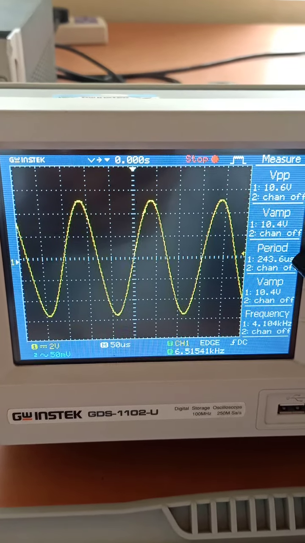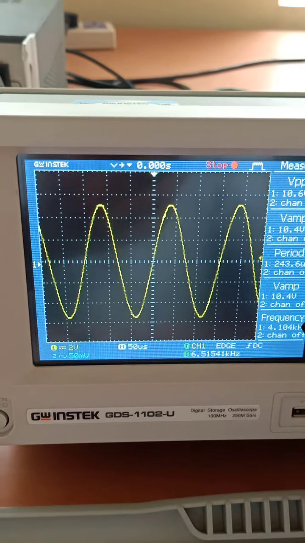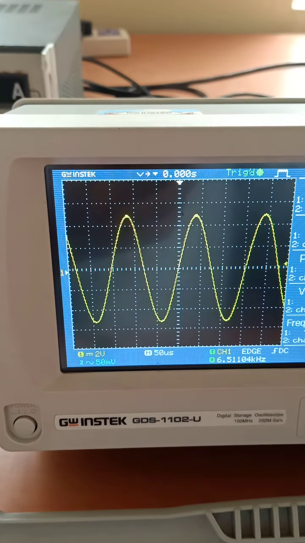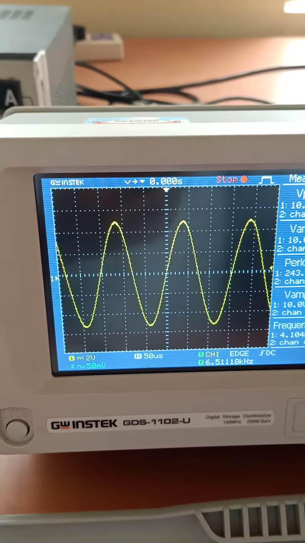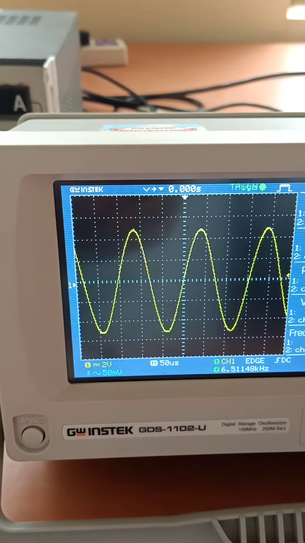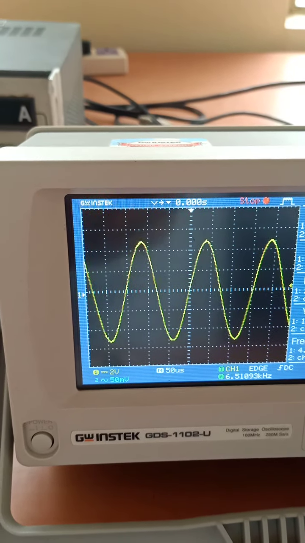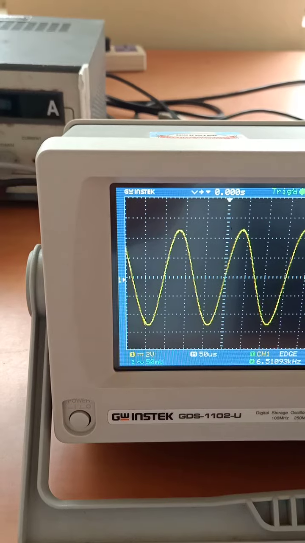Its time period is 243.6 microsecond, and the frequency should be nearly 6.5.